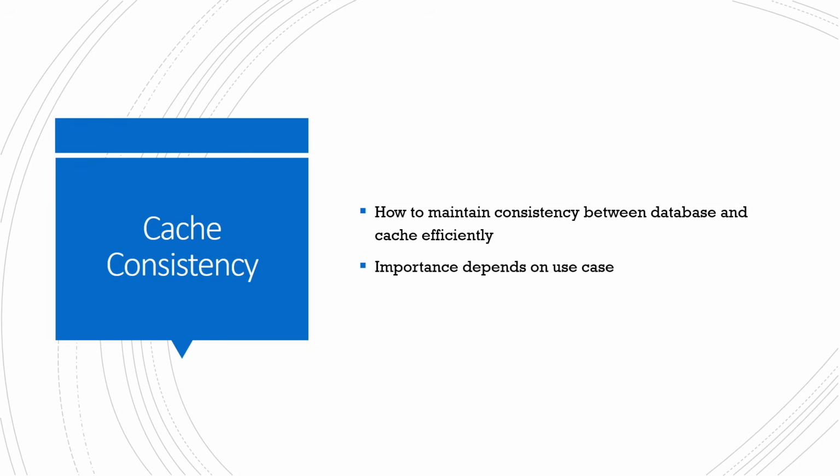And finally, we have cache consistency, which I touched on earlier, and that basically amounts to wanting to make sure that your cache and your database are showing the same thing. How important that is, if there's a slight delay, depends on your use case. The biggest thing is that for writes, you want to make sure that the user who's writing data gets that fresh data immediately. Facebook wrote about that, where they had issues where users would update a post, maybe they made a typo or accidentally posted something they didn't mean to, and they had a delay between when they would write it and when the user would see it.